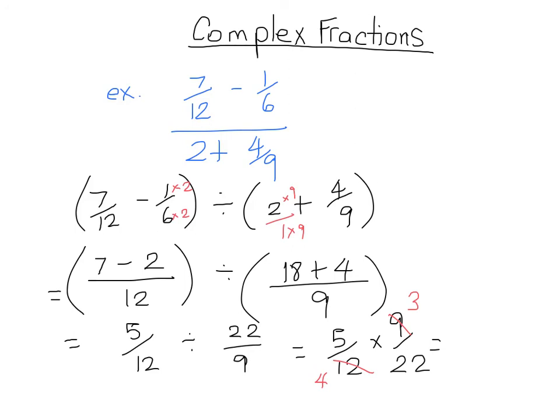We have nothing else that can be reduced here, so now we can multiply our top by our top. So 5 times 3 gives us 15, and 4 times 22 gives us 88. And that is our simplified fraction.